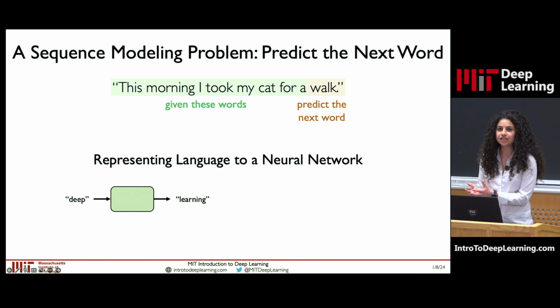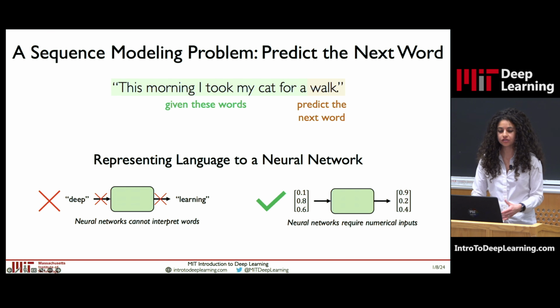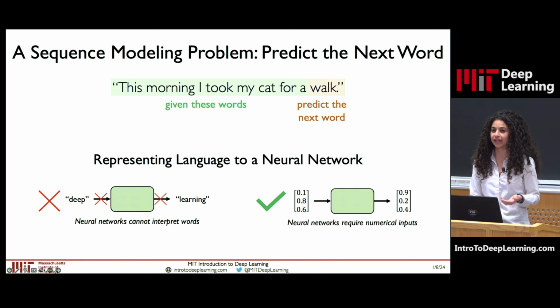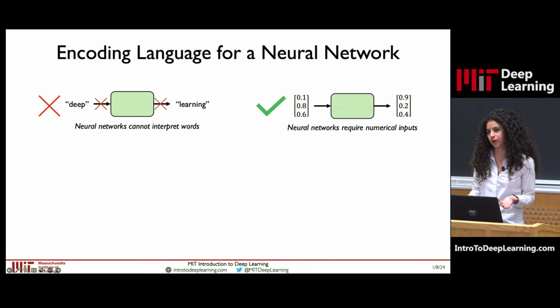We need a way to represent that numerically so that the network can compute on it and understand it. They can't interpret words. What they can interpret and operate on is numerical inputs. So there's this big question in this field of sequence modeling and natural language of how we actually encode language in a way that is understandable and makes sense for a neural network to operate on numerically.